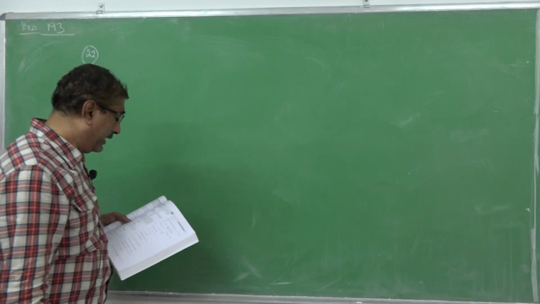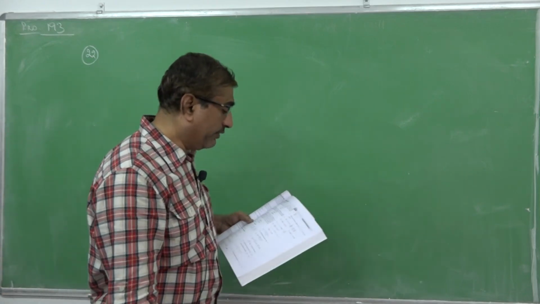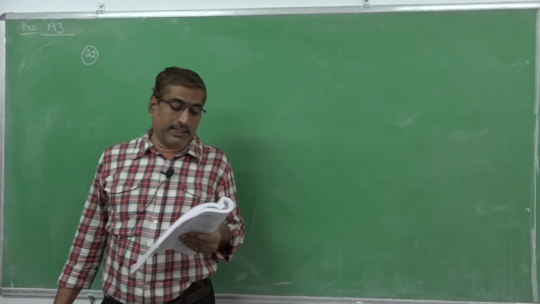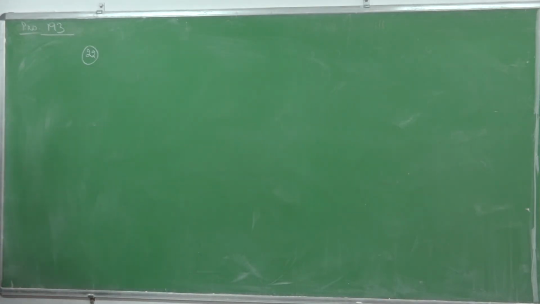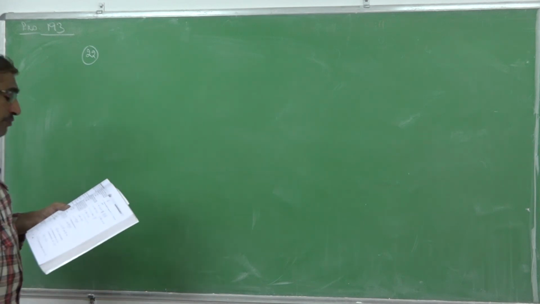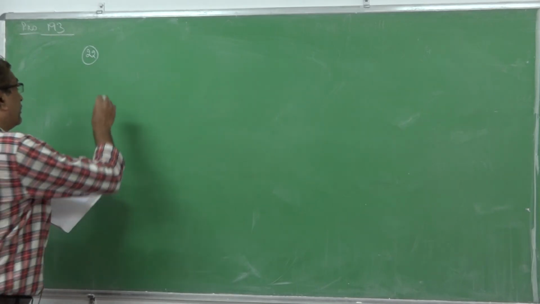An ideal Carnot engine whose efficiency is 40% receives heat at 500 K. If the efficiency is to be 50%, then the temperature of the sink will be. Okay, so an ideal Carnot engine, 24th one.